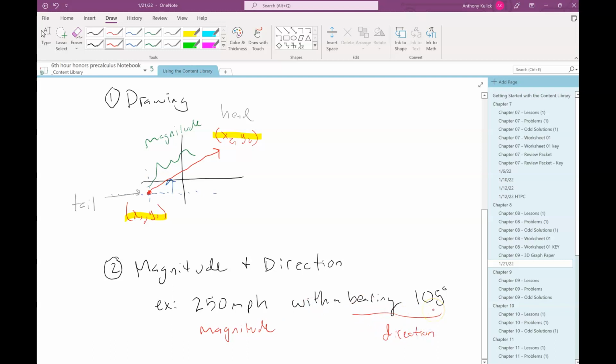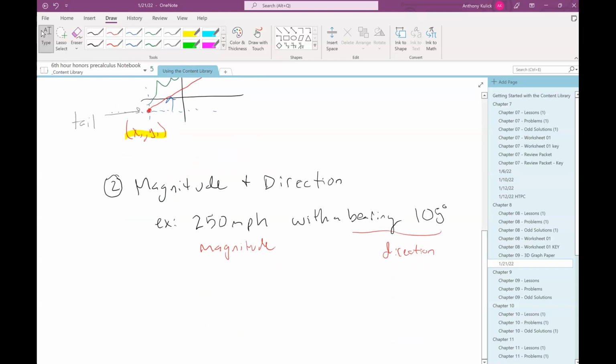In a context like this, the speed of our plane would represent the magnitude, and the bearing would represent the direction. In general, you could just state those things, but that's a situation where we're already familiar with that. We did some navigation problems in first semester that we could have also treated as vector problems.